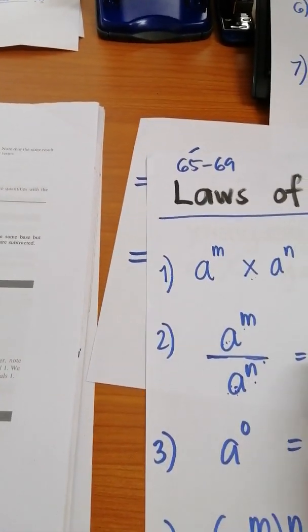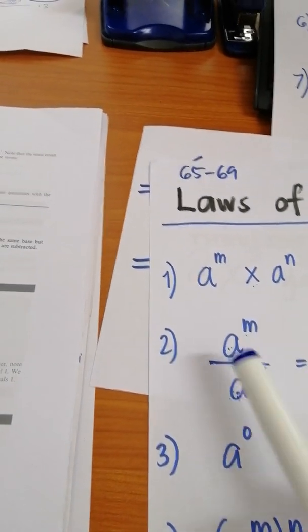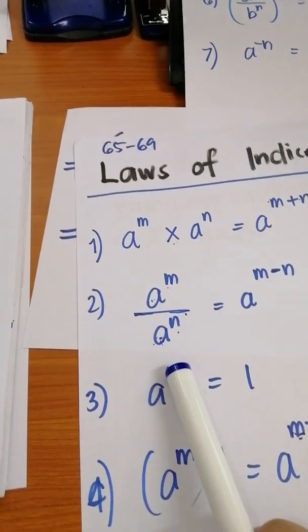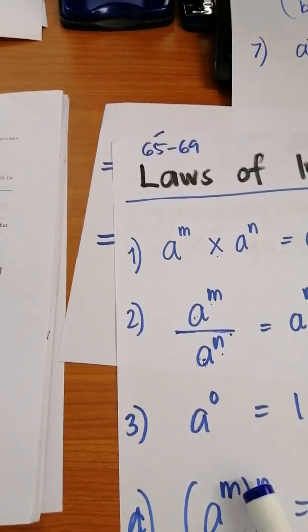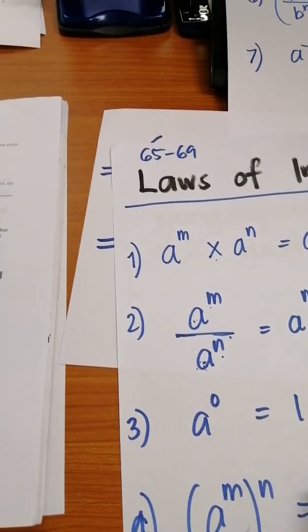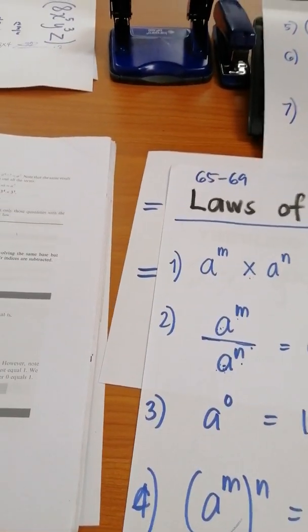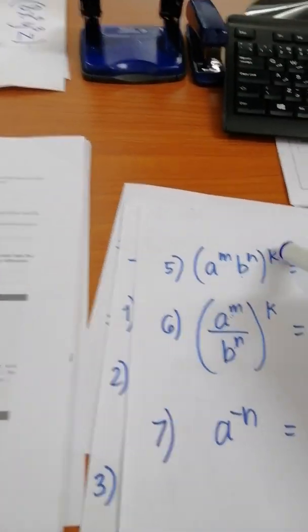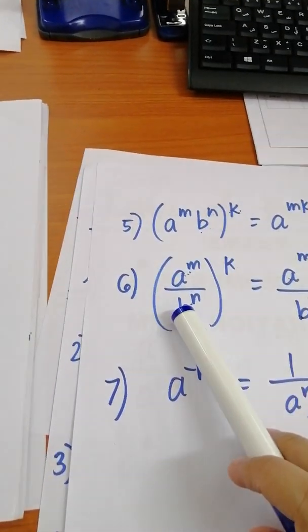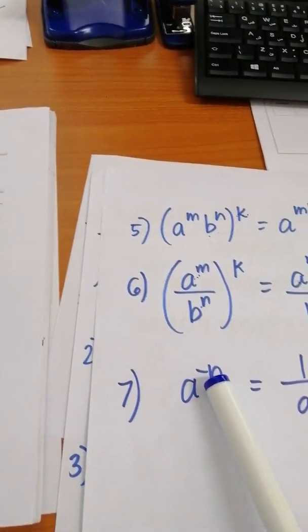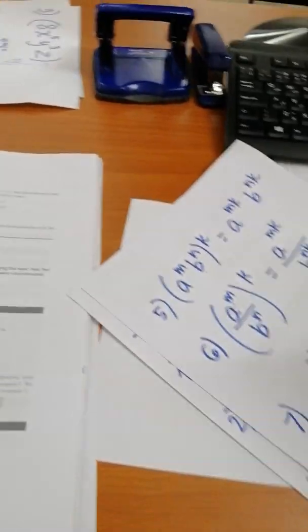If it's multiplication, add. If it's division, minus. But always remember it should be of the same base. Any number raised to 0 will always be 1. If you have a power raised to another power, you multiply the powers. And if you have a power outside, either in multiplication or division, you always distribute the powers. And if it's negative, to make it positive, you just put it down.